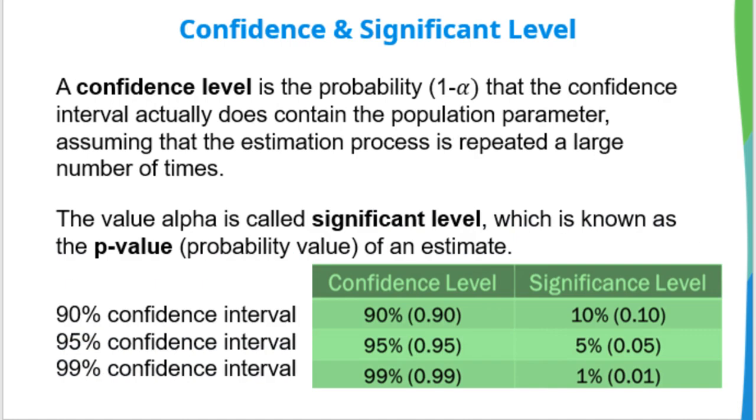Then you understand that there is what they call the confidence level, which is the probability that the confidence interval actually does contain the population parameter, assuming that the estimate process is repeated a large number of times. So we have what is called the significance level, which is known as the p-value. The p-value is the probability value of an estimate.